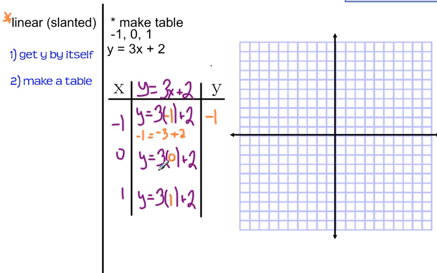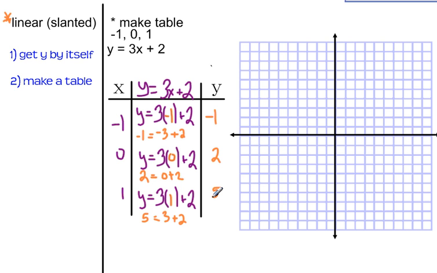On to my next point. 3 times 0 is 0, plus 2. 0 plus 2 is 2. I plugged in a 0. I got out a 2. 3 times 1 is 3, plus 2 is 5. I plugged in a 1, and I got out a 5.